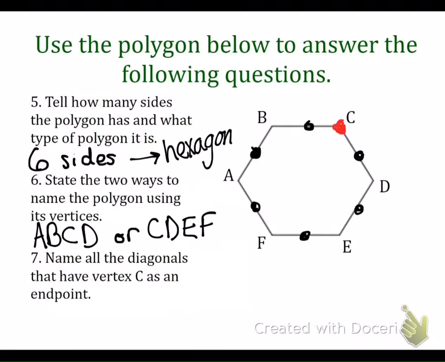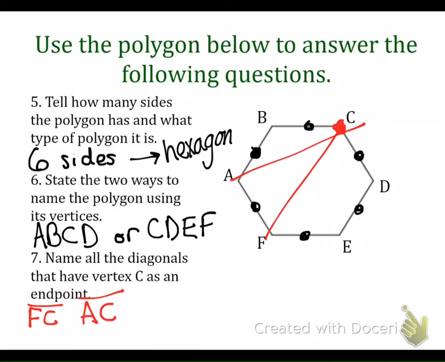Now, F is 1, FC. So FC. That's 1. You have 2 more. What would be another diagonal? AC. Then what's the last one?